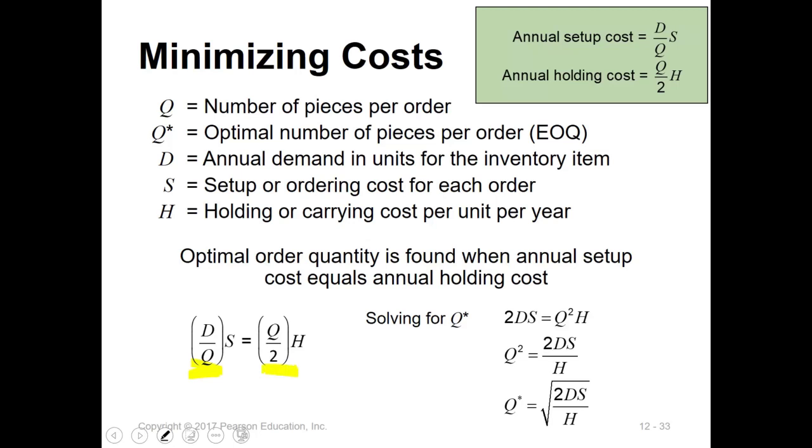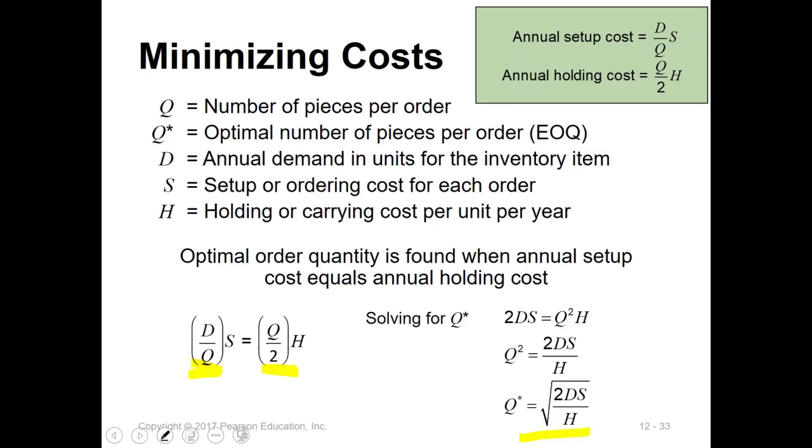When you have these two equal, Q times Q times H equals 2DS. And then our Q star equals 2 times D times S divided by H, and then take the square root.